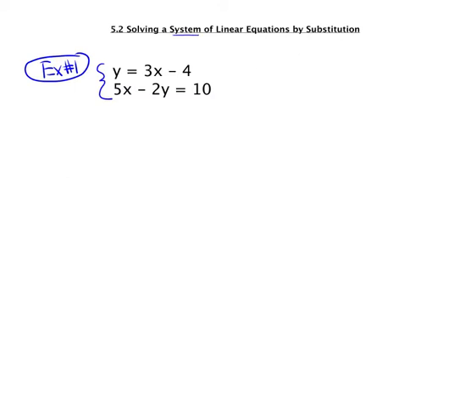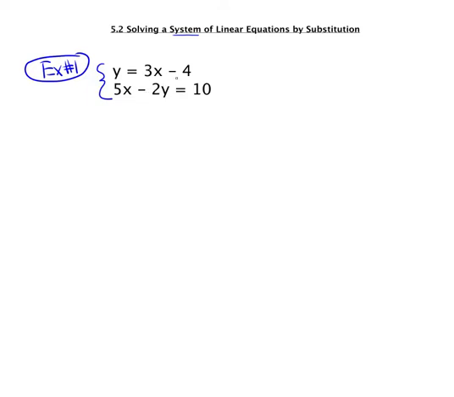Now, substitution is taking one equation and substituting it into the other. And we've done that a lot in smaller problems. Say if it was y equals 3 without the x and the minus 4, you would normally just take that 3 and put it in for y and then do your multiplication and then subtraction or solve for x.